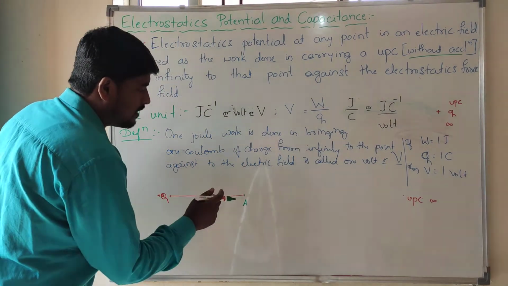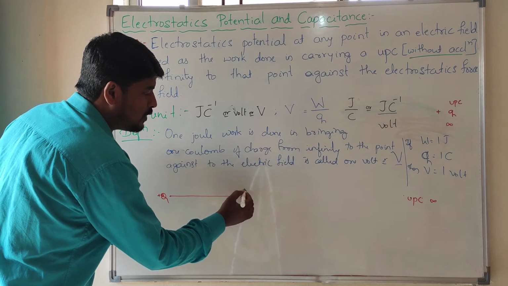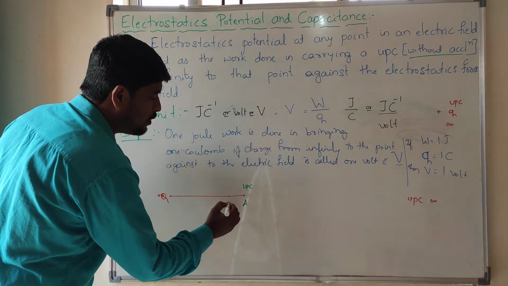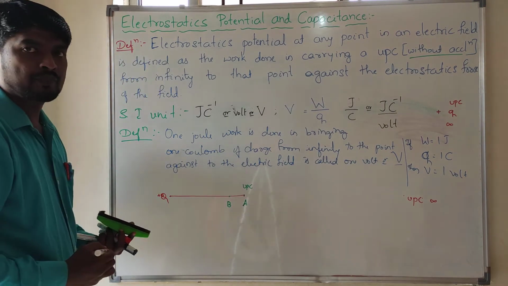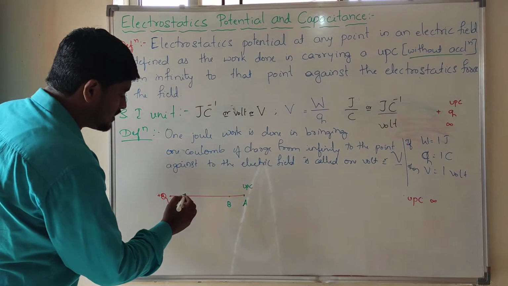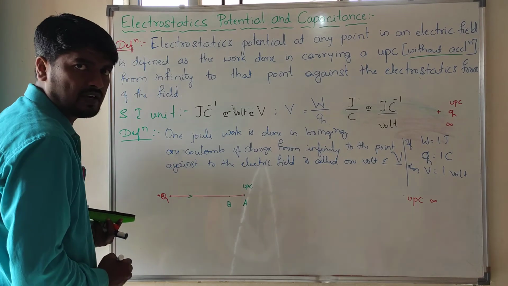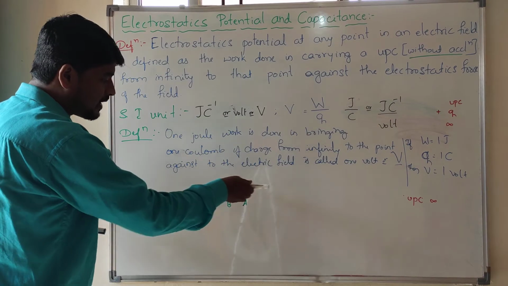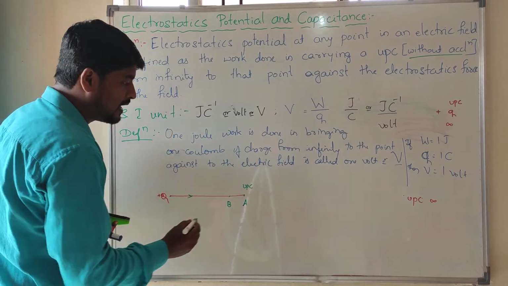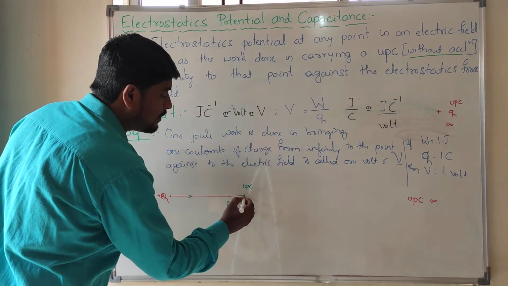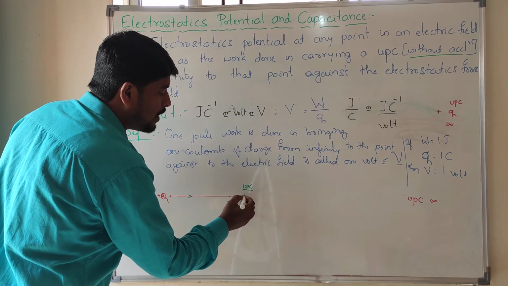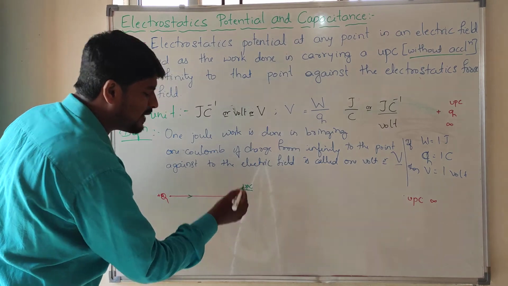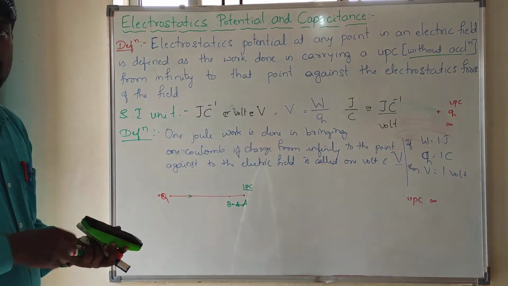Afterwards, I will move the UPC which is at point A from A to B. What happened here? This is the direction of the electric field. I am coming from that side, that means against the direction of the electric field, and I am just displacing the UPC from point A to point B by a very small distance, say dx.